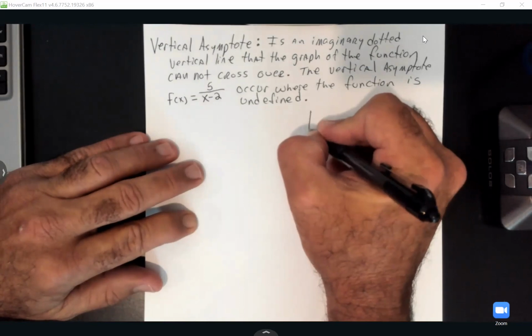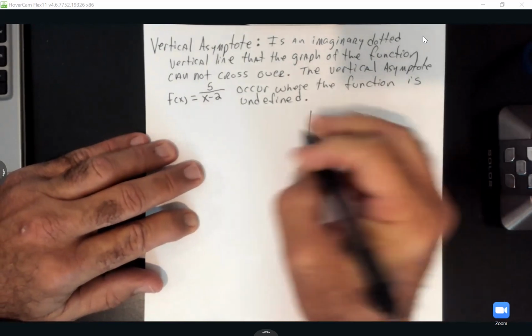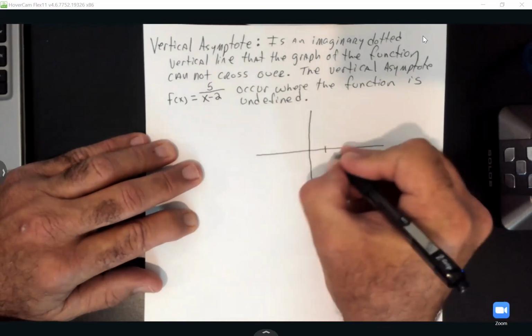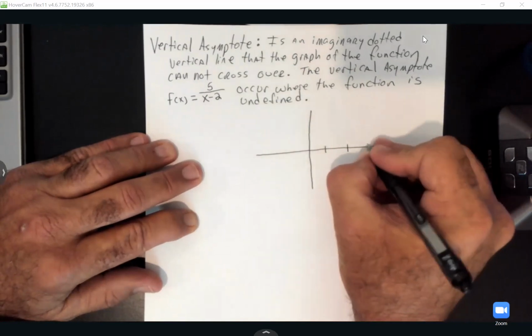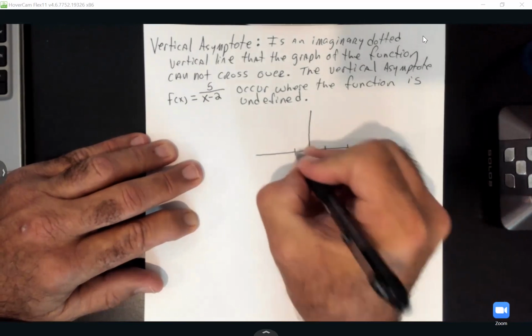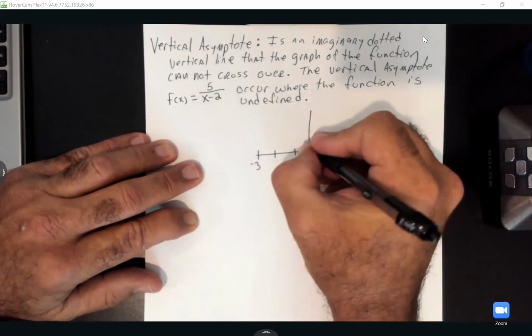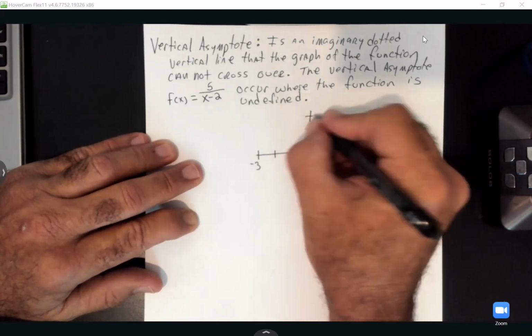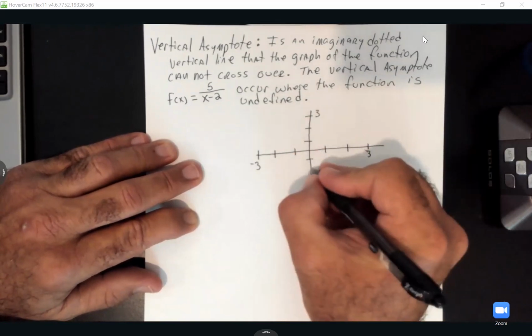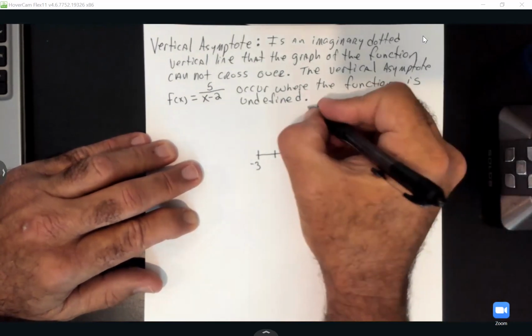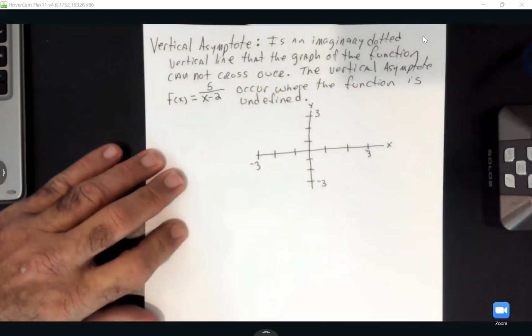So let's play with a graph. And I'm not going to go out real far. I'm going to go 1, 2, 3 that way. I'll go -3 this away. And then I'm just going to go up 3 on the y and then -3 on the y. So that's my x-axis and my y-axis.